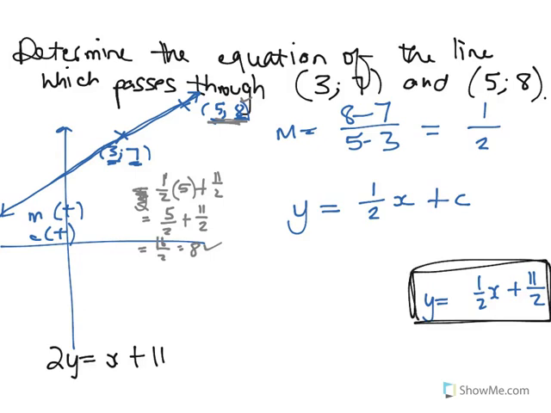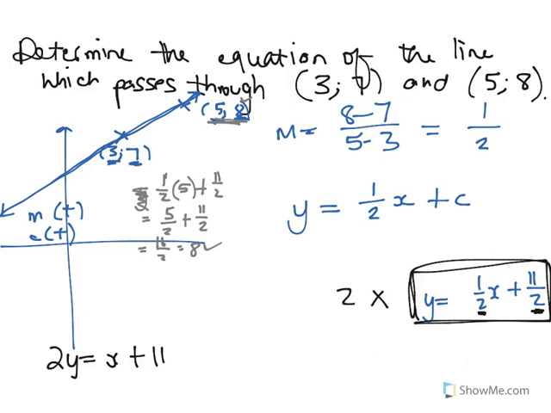There's a couple of ways you can look at that. You could say, to get rid of these fractions, we're going to multiply the equation by the lowest common denominator. So 2 times y would be 2y, a half times x would just be 1x, and 11 over 2 times 2 would be 11.